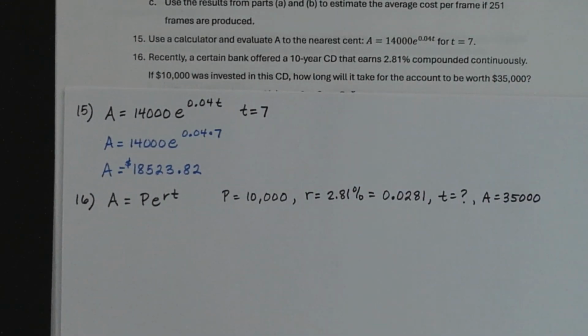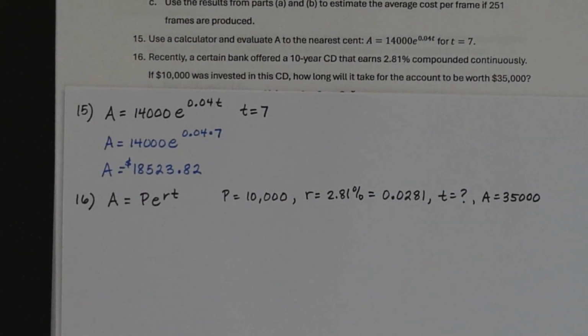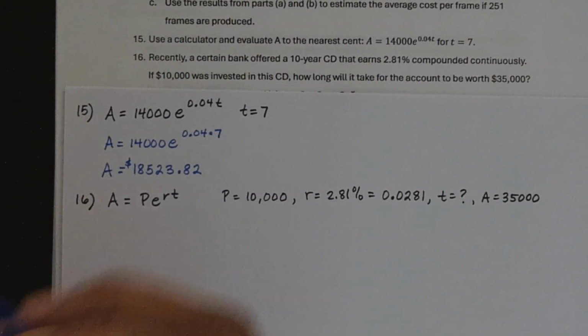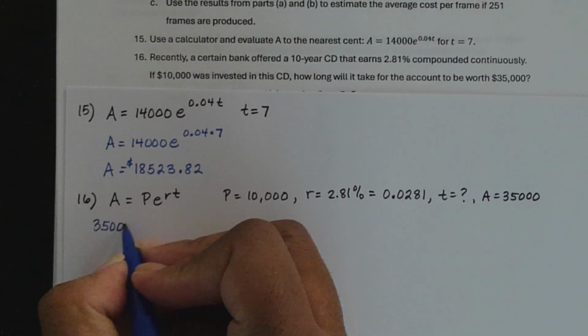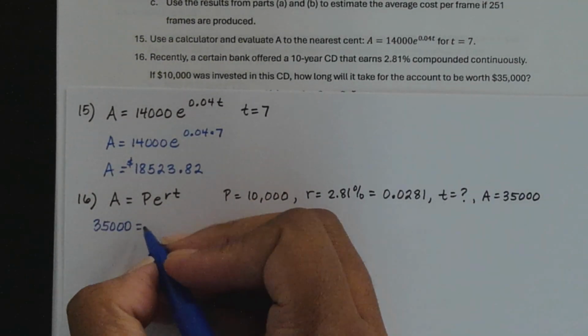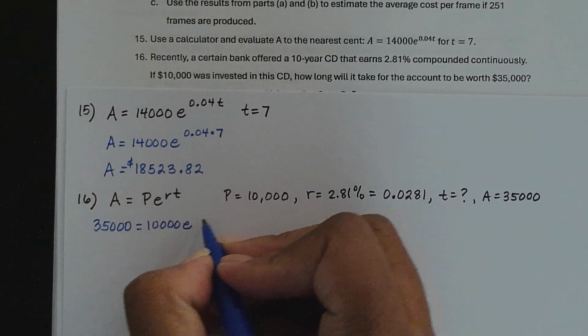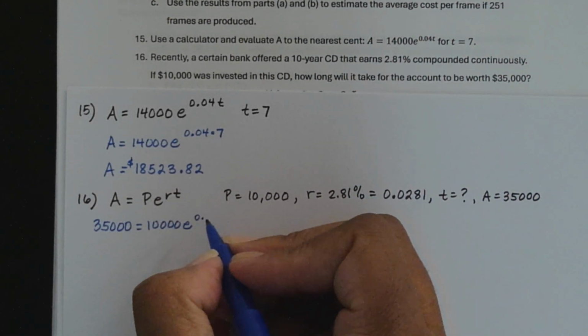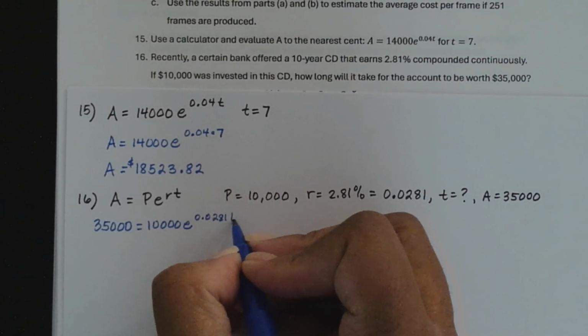So we just substitute into this continuous compounding formula. So here your A is $35,000. That's equal to P, which is 10,000, times e to the r, that's going to be 0.0281 times t.